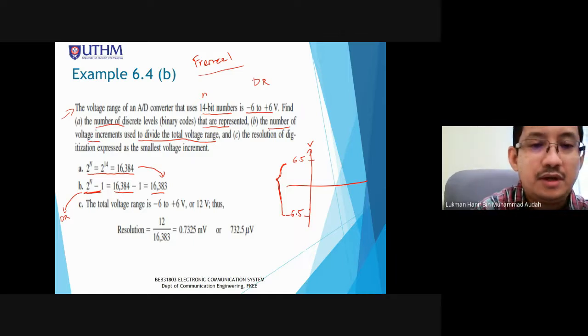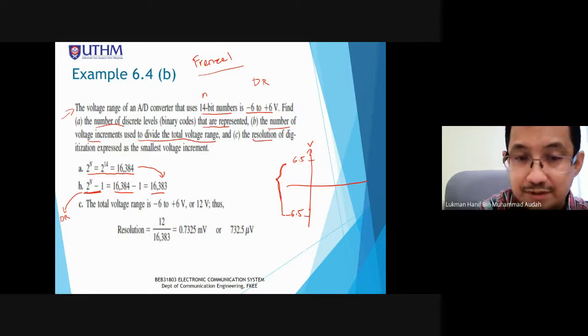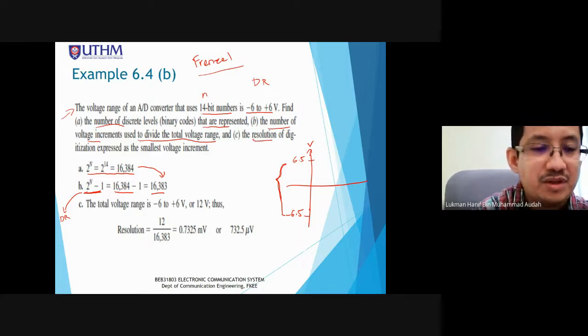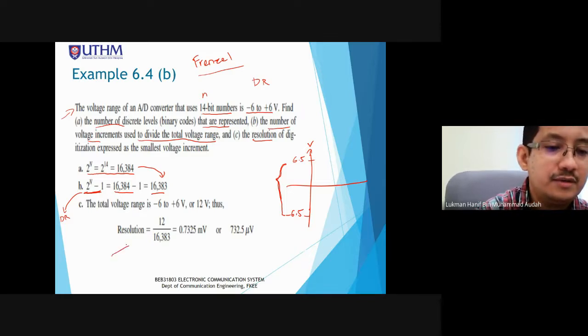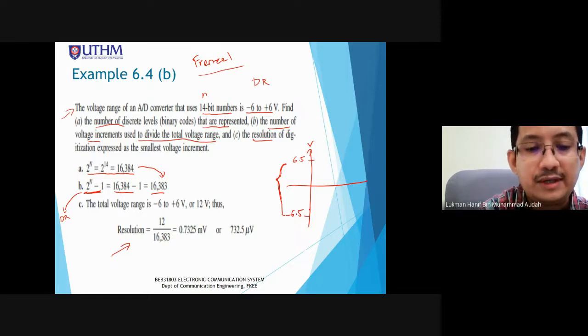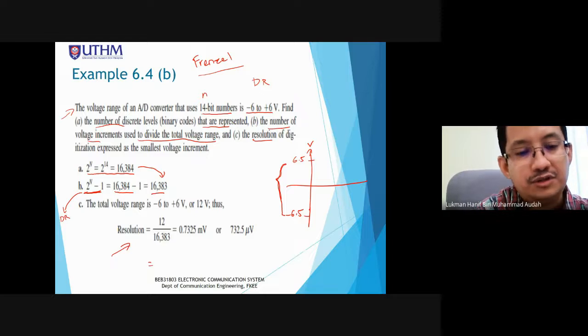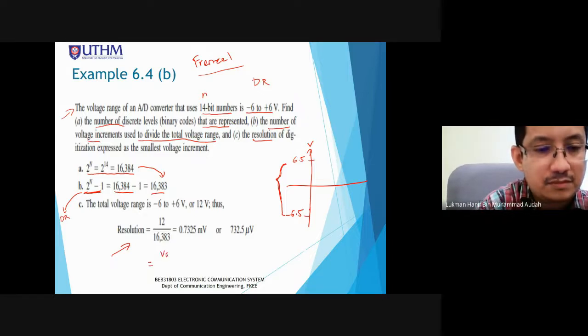Okay, and then the third question asks to find the resolution. So resolution adalah bersamaan dengan formula ini. Formula resolution adalah bersamaan dengan voltage range divide with dynamic range.